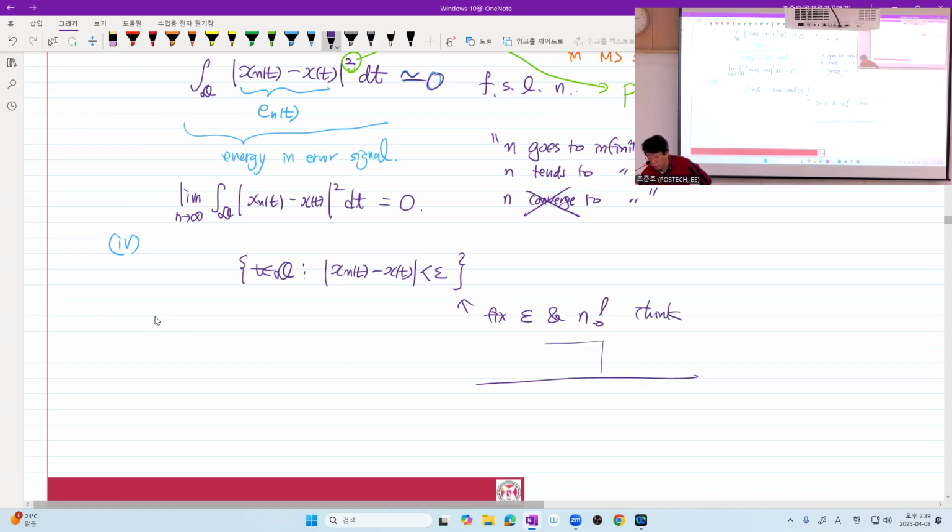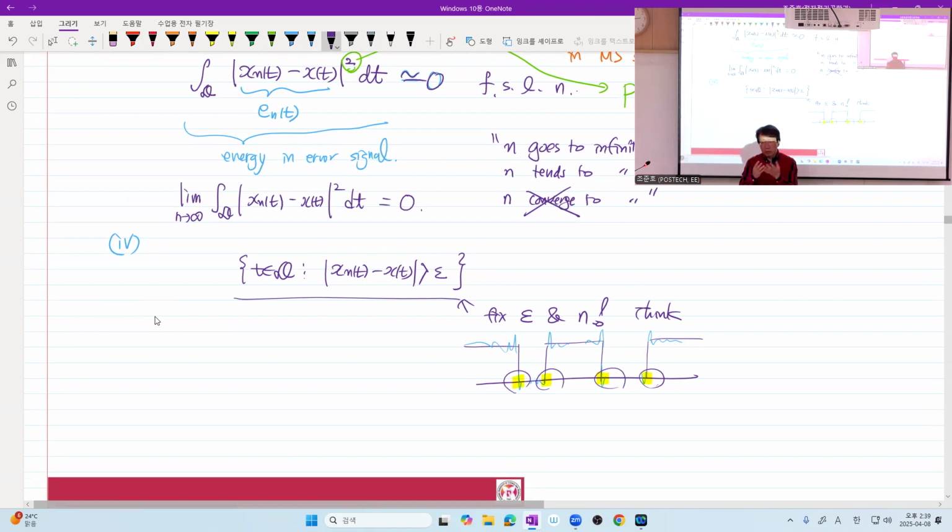Then you have some interval here, there, right? It will not be included here. If you flip the inequality, then these points will be included inside this set, right?